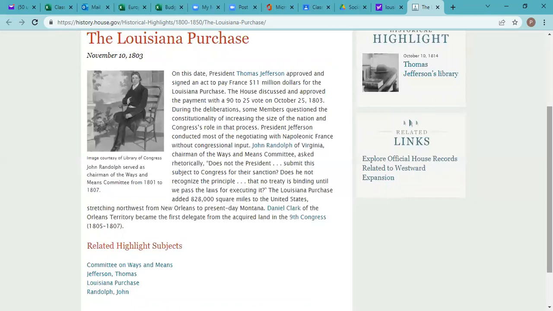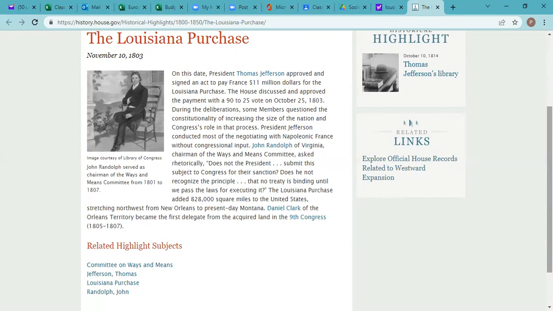During the deliberations, some members questioned the constitutionality of increasing the size of the nation and Congress's role in that process. President Jefferson conducted most of the negotiating with Napoleonic France, okay, and without congressional approval.